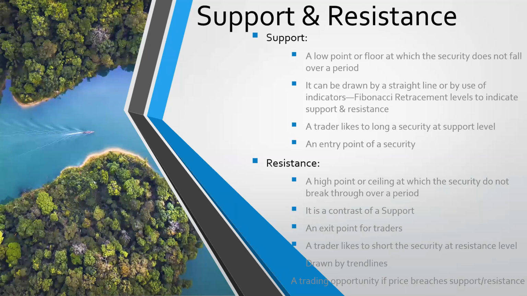In simpler terms, support is the floor and resistance is the ceiling. So support is a low point or floor at which the security or any stock does not fall over a period. It can be drawn by a single straight line, or we can use indicators.